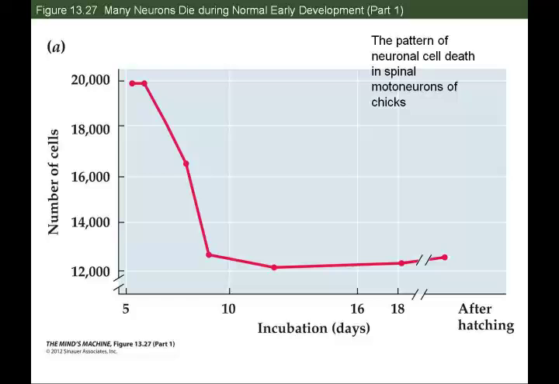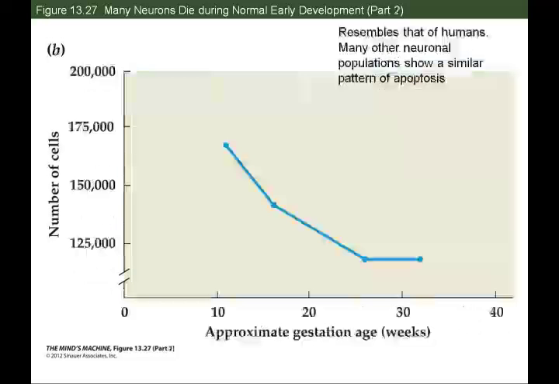Okay, so here is in chicks. If we look at the number of motor neurons or cells, you see a big drop, a big cell death at about 10 days. Okay? Same thing in humans, that you see this pretty severe drop at about 25 weeks or so.